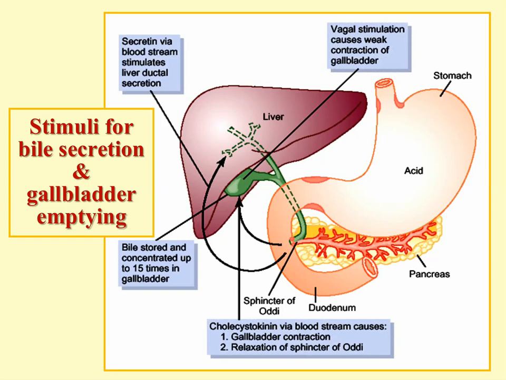Then secretin stimulates ductal secretion in the liver so that more bicarbonate ions appear in the bile produced by the liver. The main stimulus for secretin is H plus ions coming from the stomach. Therefore, the more acid appears in the duodenum, the more secretin is produced, and bicarbonate ion secretion increases in pancreatic juice, in bile, and also even in intestinal secretion.